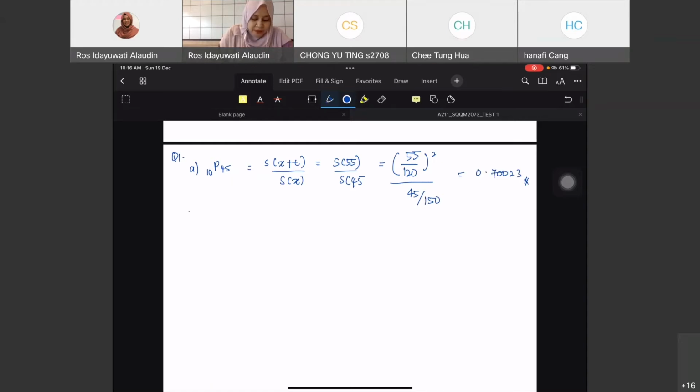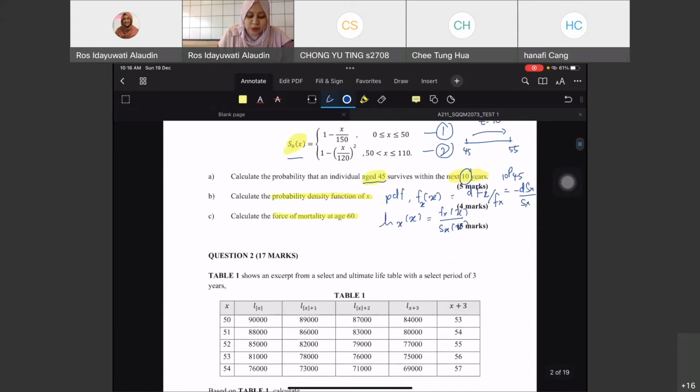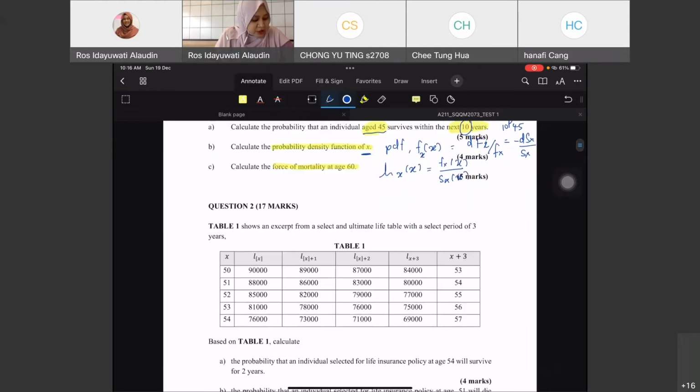Okay, for B, it is small f. Since you are given in terms of S(x), we can straight away differentiate the S(x). We are not given the x, so you have to differentiate both functions.